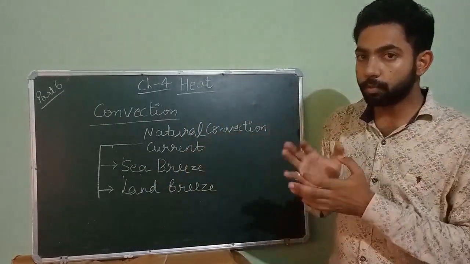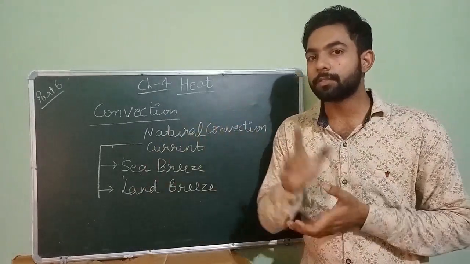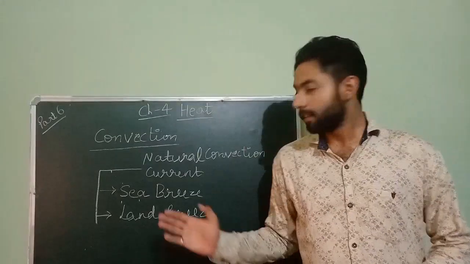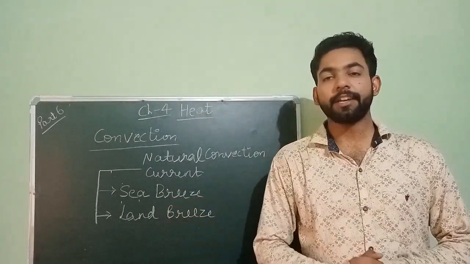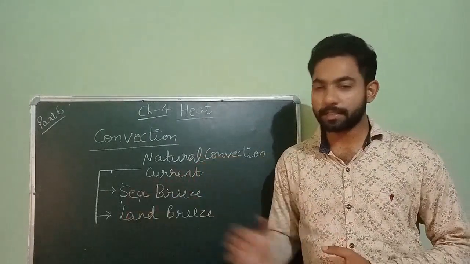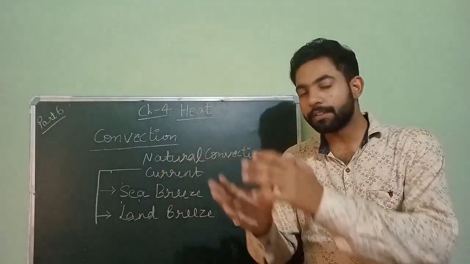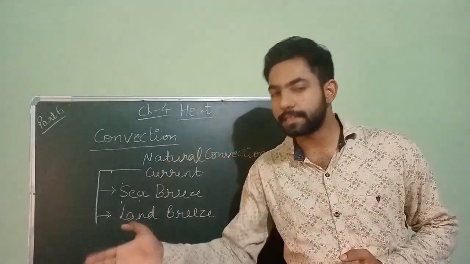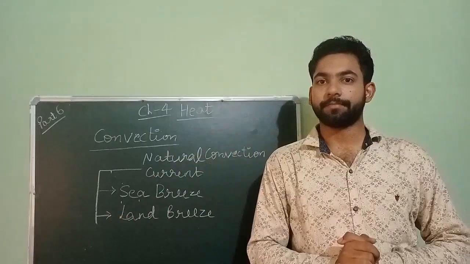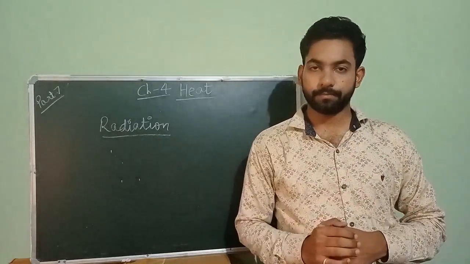This produces the cool breezes from the sea to the land, which is known as sea breeze. Land breeze. At night, opposite happens. The land cools faster than the sea. The warm air above the sea rises, so the cool air from the land moves towards the sea, producing a land breeze.